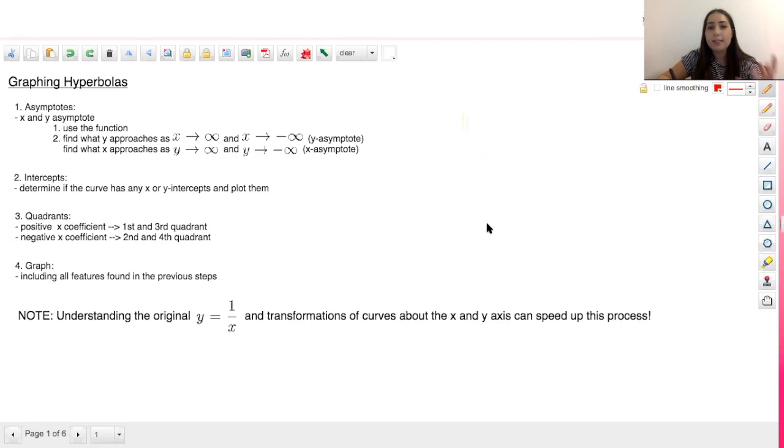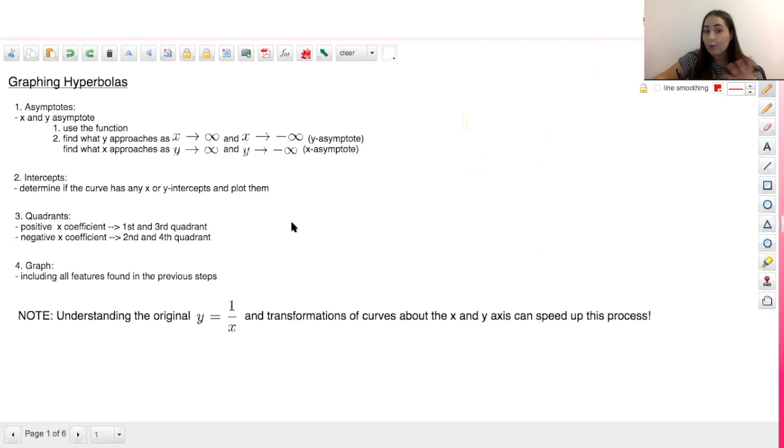So with hyperbolas, they all have asymptotes. The first and most important thing for you to do when graphing a hyperbola is finding an x and a y asymptote. There are two ways in which to do this. You can use the function itself, so you can rearrange the function in such a way for you to recognize what the asymptotes are.